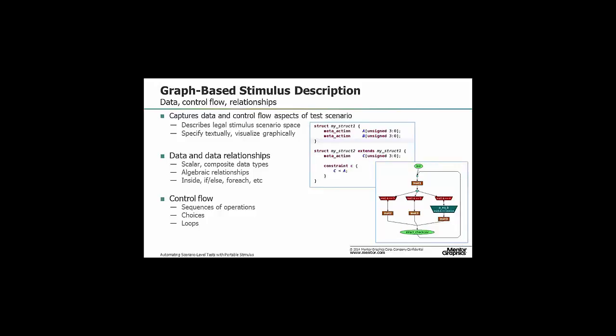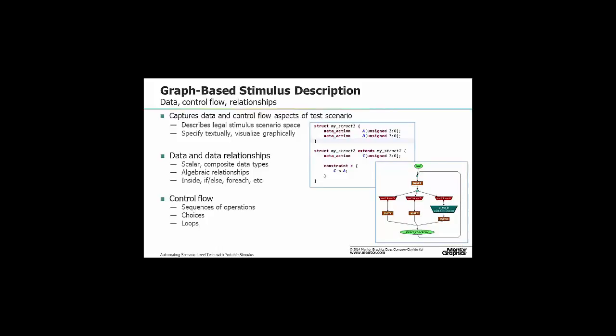So here we have a struct, for example, that has 2 variables or meta actions, A and B. They can be of the typical types you would use in a test bench, integers, enumeration types, other structs, scalar and composite data types. So we declare these variables, and then we have a second struct, which is extended from my base struct, so it adds another variable.